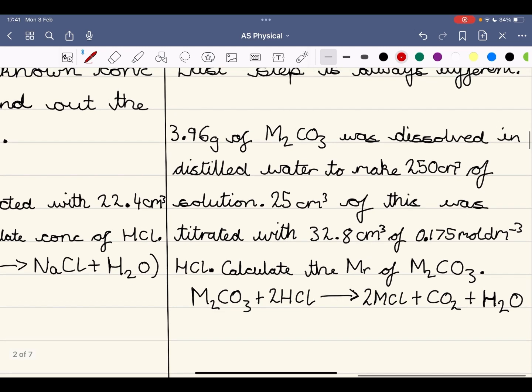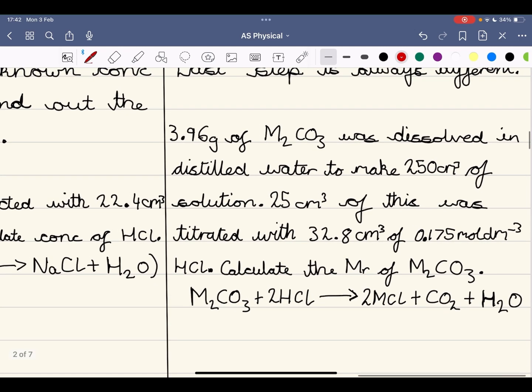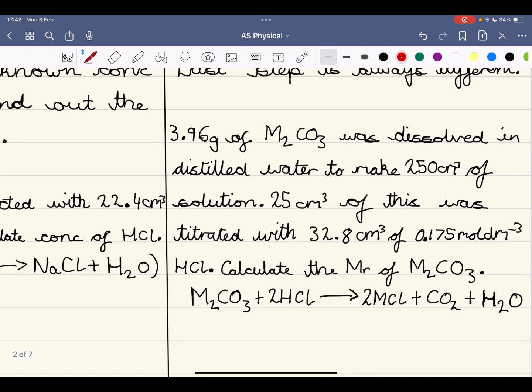So in this example here, we're told that 3.96 grams of M2CO3 was dissolved in distilled water to make 250 centimeters cubed of solution. 25 centimeters cubed of this was titrated with 32.8 centimeters cubed of 0.175 moles per decimeter cubed hydrochloric acid.